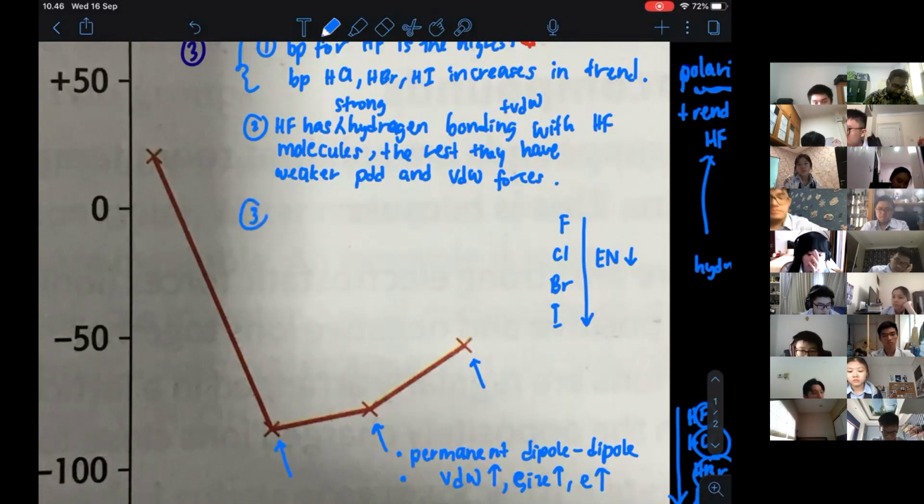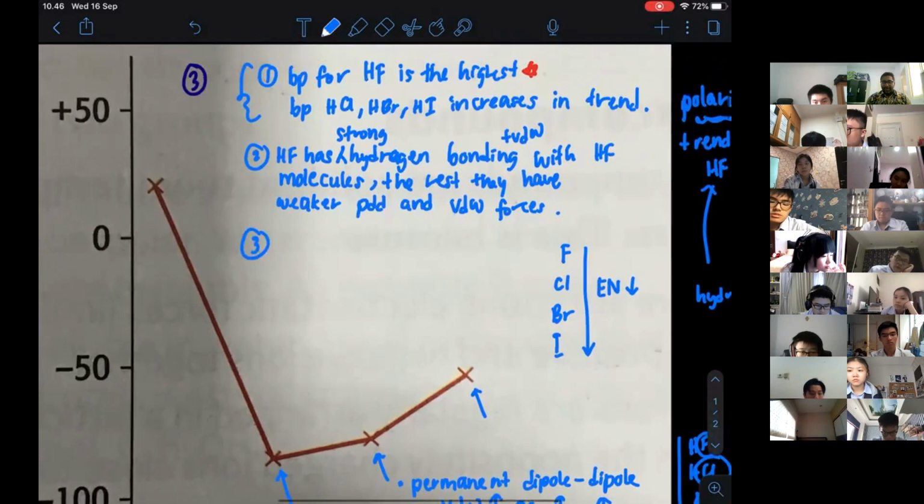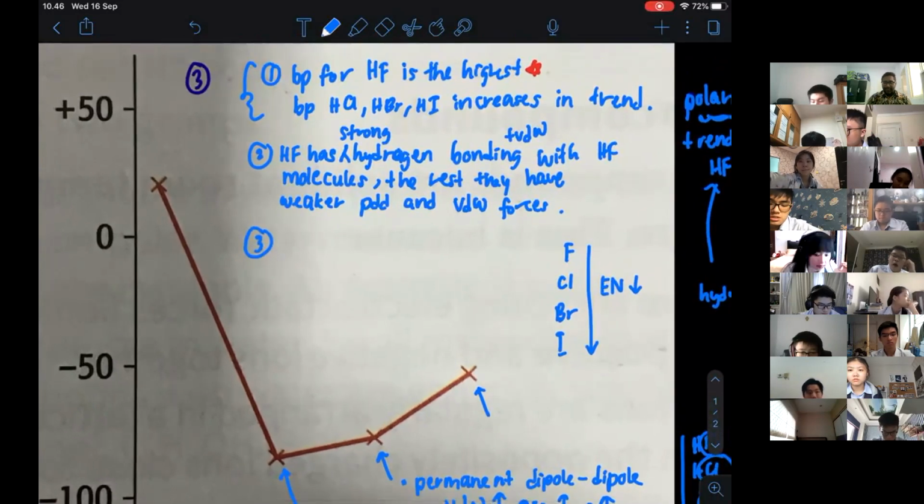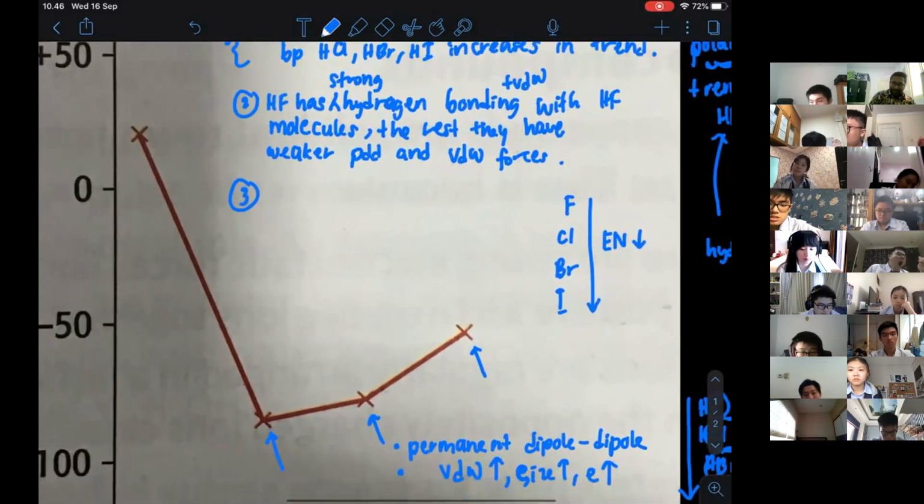So the third point, since I mentioned about HF, all done. The third point, you mention why there is an increase.